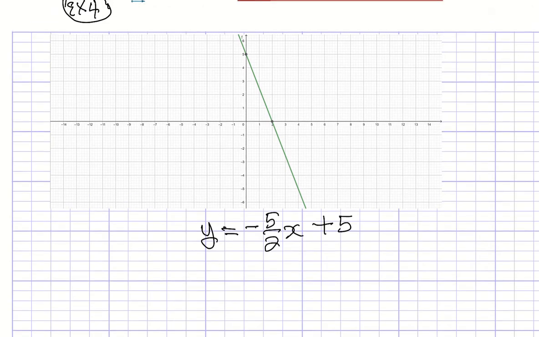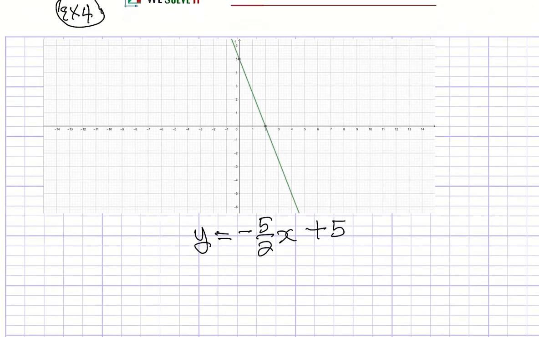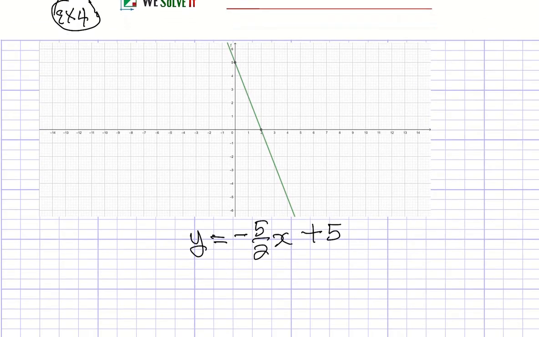That's the equation that produced that graph. So look at the graph. See the intercept here. This point here is x 2, y 0. Look over here. This is x 0, y 5, right?